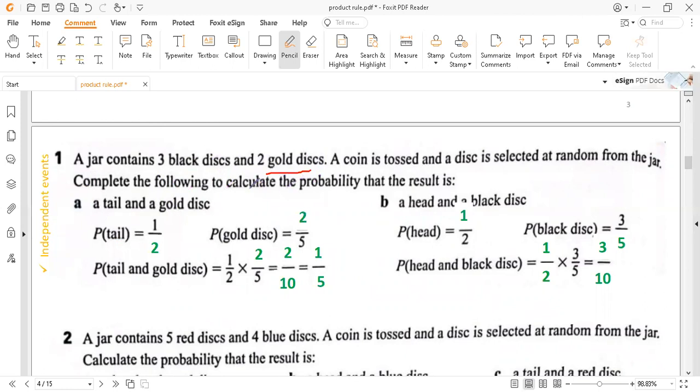A coin is tossed and a disc is selected. The coin has head and tail with equally likely outcomes: probability 1/2 for the head and 1/2 for the tail.